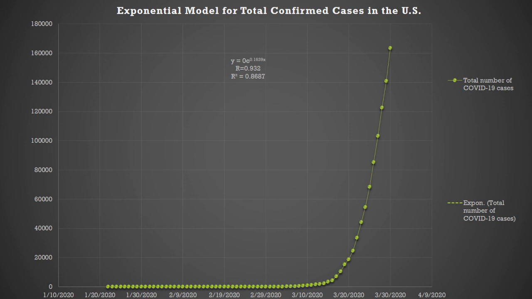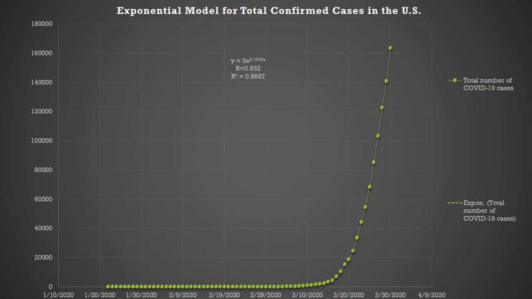The next graph has the exponential model for total confirmed cases in the US. The model is being overlapped by the actual graph of confirmed cases, so that's why you can't see it. We can visually confirm that the exponential model is a great fit for the data. We see that the correlation coefficient is 0.932, meaning there's a very strong positive correlation between time and the total confirmed cases.